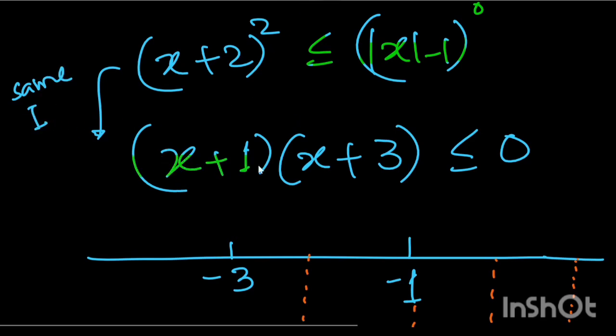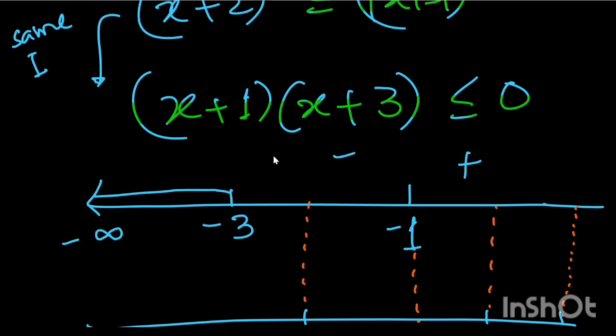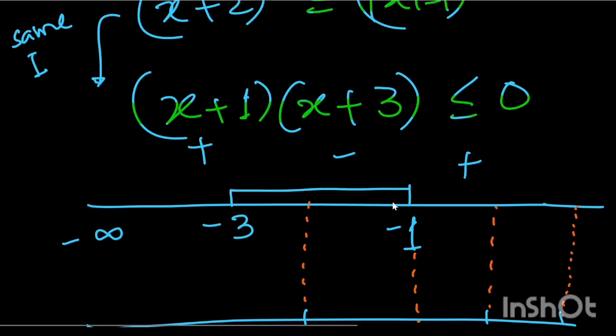Eventually we will land up at this step only using the wavy curve method. It would be minus 3 to minus 1, guys, since minus is there, and these two are included.